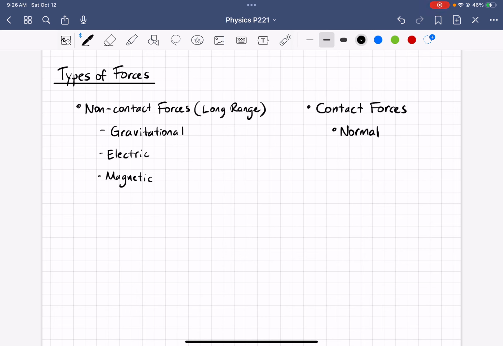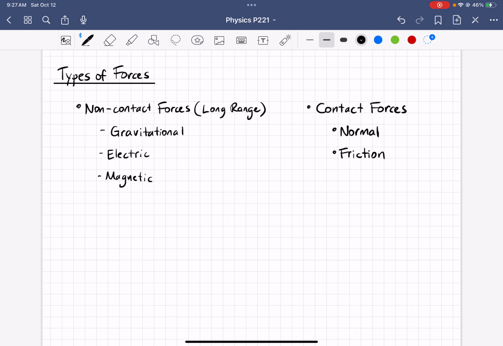If we have any kind of rope or string that is being used to pull an object, we label that force as tension. And usually in this class, at least until we get to rotation, we will assume that anytime you have a rope or a string or a cable under tension, it applies the same force at both ends.